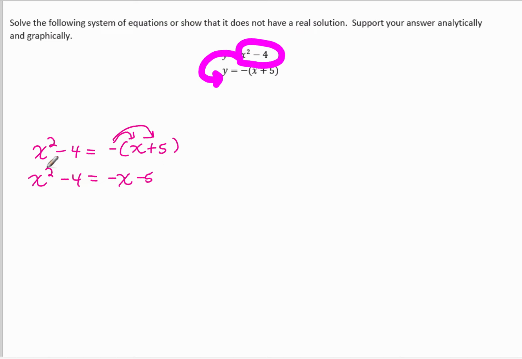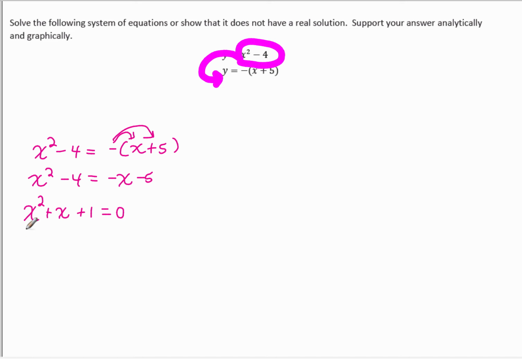Now I see an x squared, and my brain knows every time I see an x squared, that means I have to factor. So I'm going to set equal to 0 and get all my variables and my constants on one side. So I'll move the negative x over, I'll move the negative 5 over. That doesn't look like it can factor. I can't find anything that multiplies to 1, but adds up to 1.